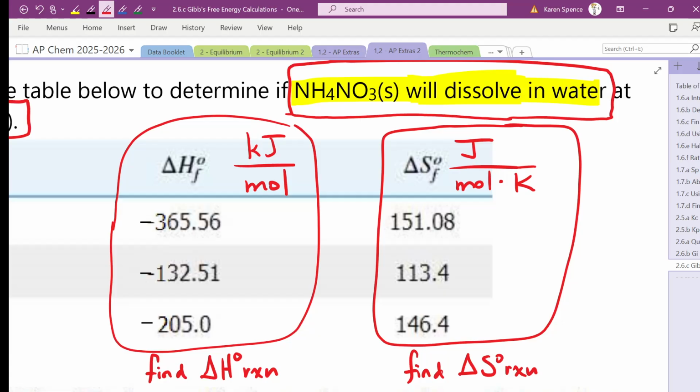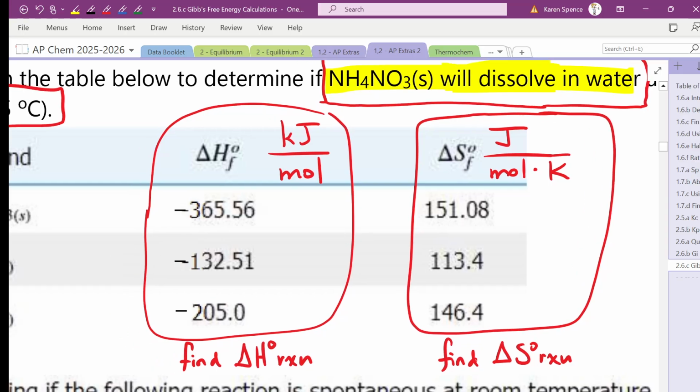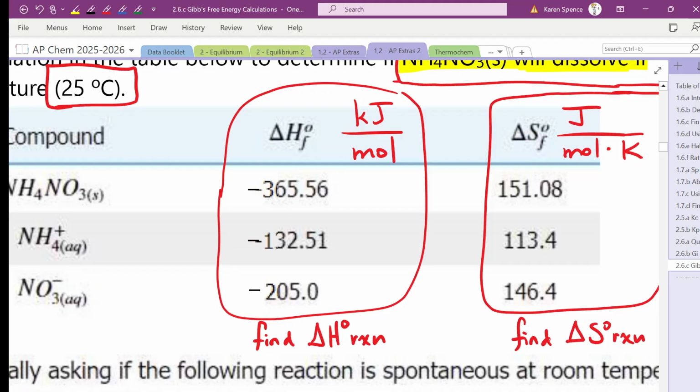So, how do you remember the formula to find these ones? How would you find the delta H of reaction from all of those delta H naught Fs? Yeah. The first one is positive, and the negative.